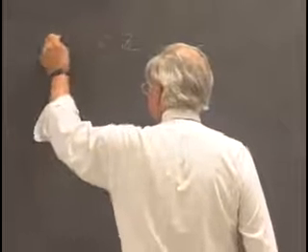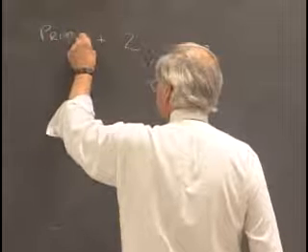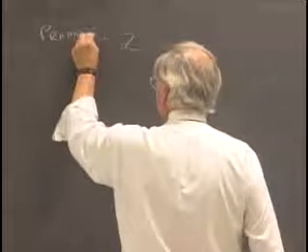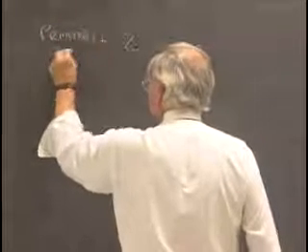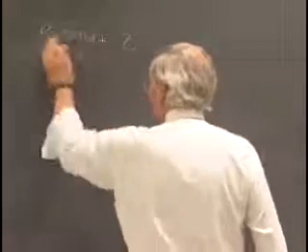So let's do one that's a little more interesting. Let's take a 2-fold axis and combine it first with a primitive rectangular net. I'm sorry, what am I saying? I want an oblique net.